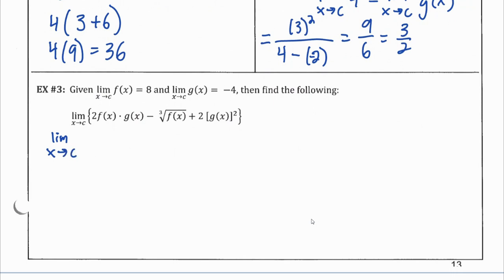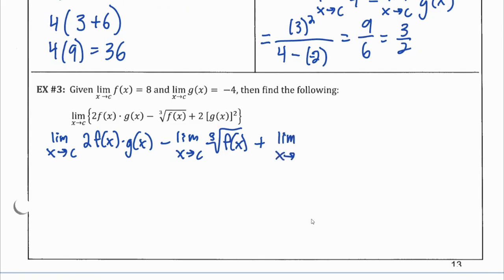So we have 2 f of x times g of x minus the limit as x approaches c of the cube root of f of x plus the limit as x approaches c of 2 times g of x squared.